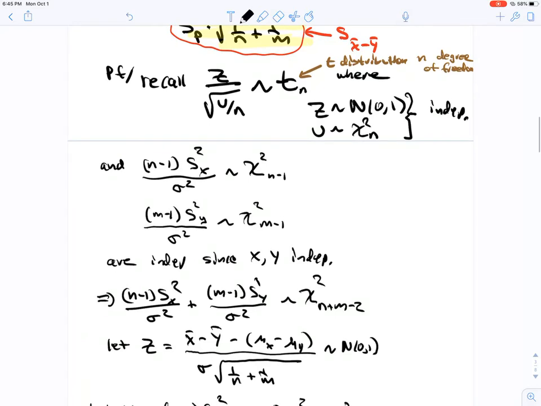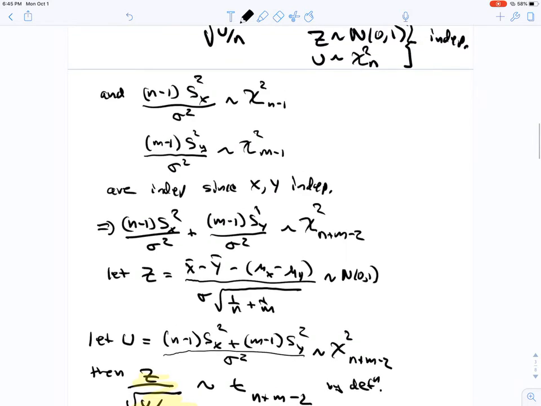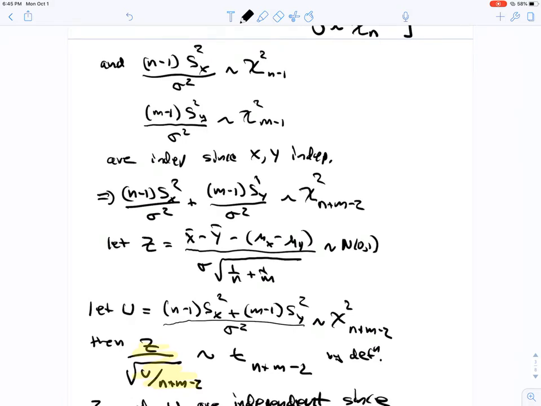So now we have two chi squares that are independent of one another because x and y are independent here, and so these chi squareds add and give us a chi squared with n plus m minus 2 degrees of freedom.